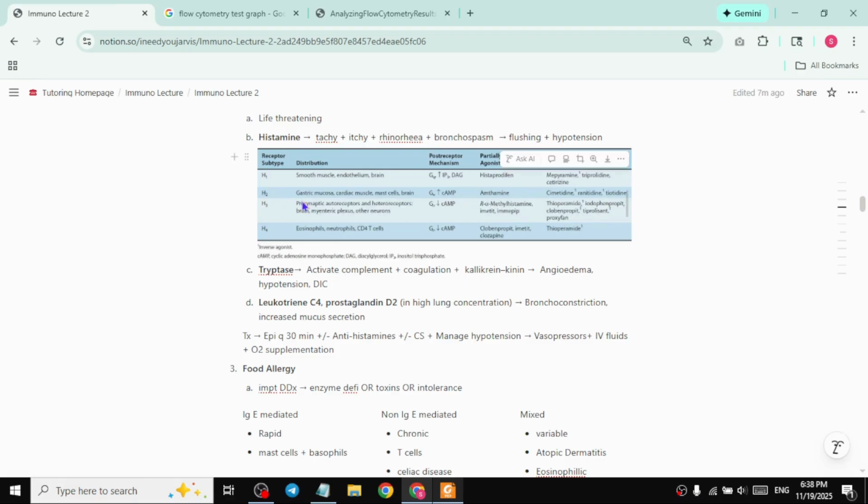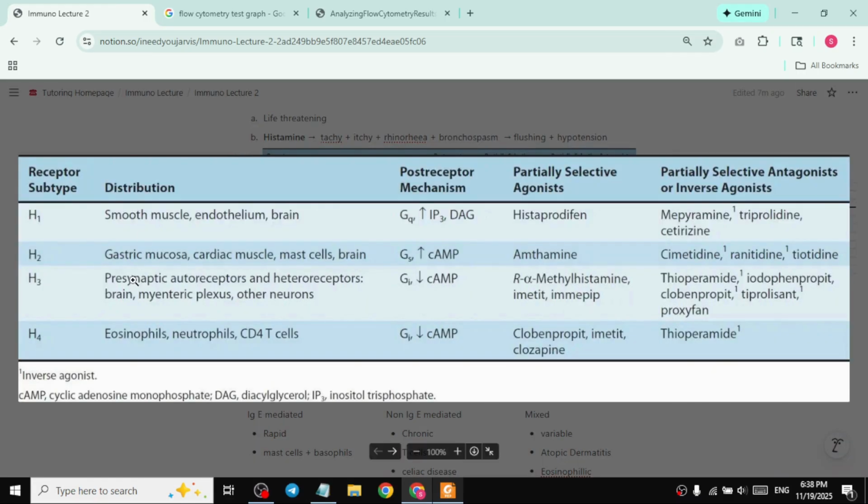Okay. Now, as we love to correlate, what we're going to do is just look at how different histamine receptors work. Because histamine receptors are going to be seen here, they're going to be seen in GI, they're going to be seen everywhere else, right? So start with the H1 receptor. H1 is usually seen with smooth muscles and endothelium. I would say that's the main thing you're going for.